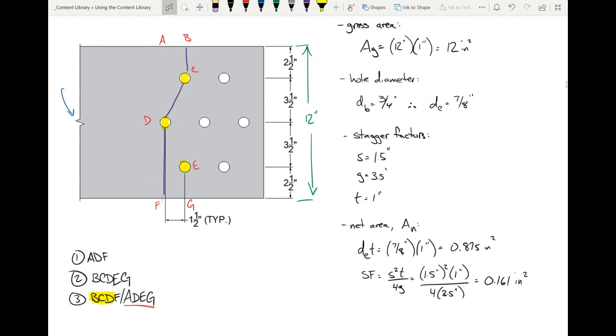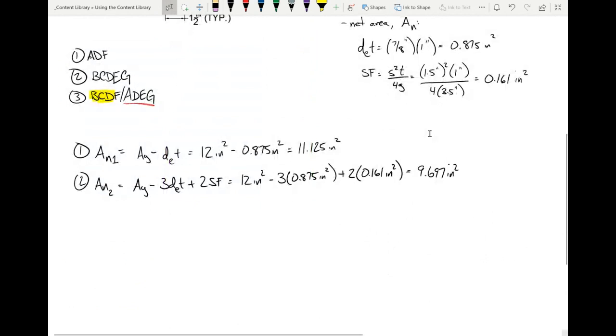All right. And how many diagonal paths did I have? How many staggers? 1. Okay. So if I wanted to compute that net area, I would take the gross area minus 2 bolt holes plus 1 stagger factor.